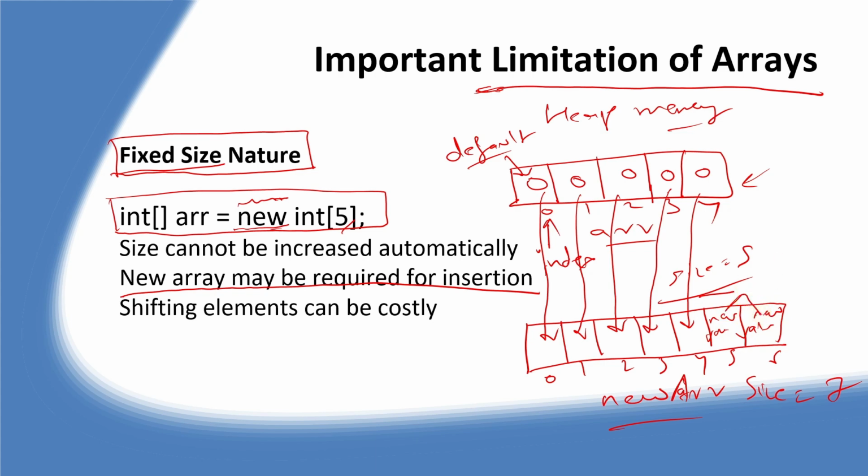That's how I will get the new array with 2 new values, including old values from an array. So this is the limitation of an array. We cannot increase the size. We need to create new array, and in that new array we will add new values. So this is an important limitation.